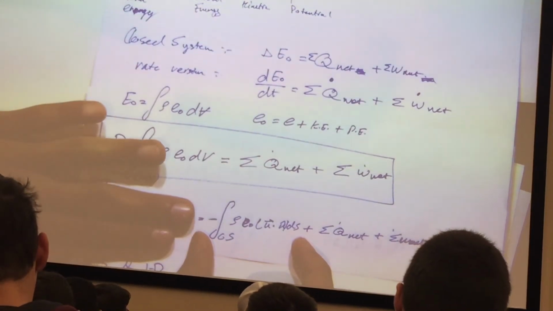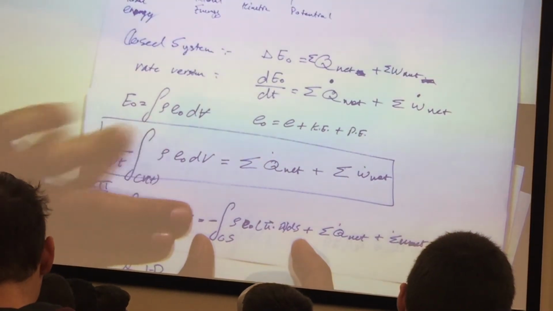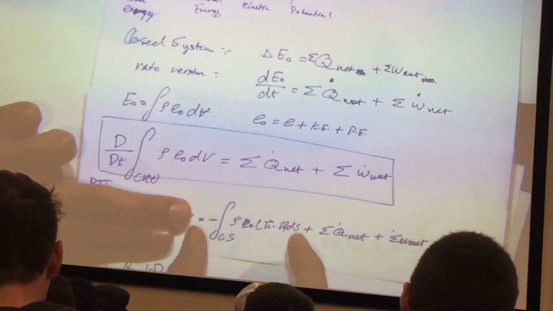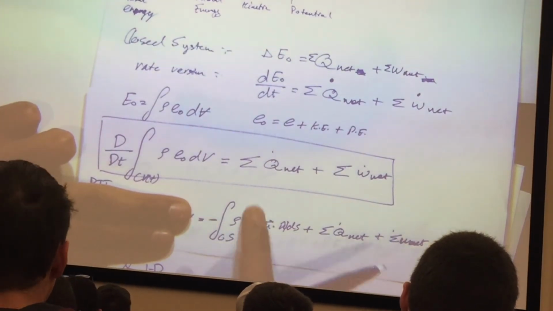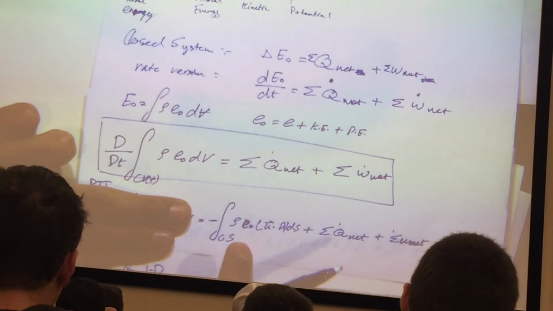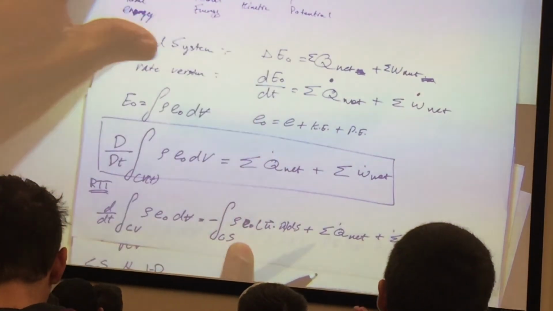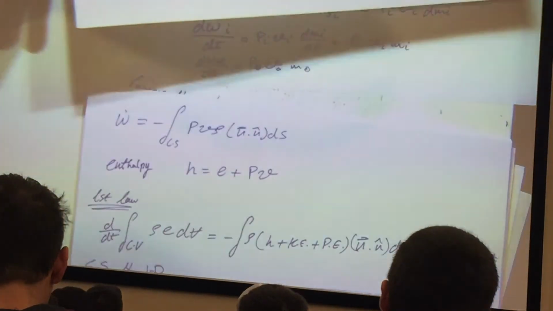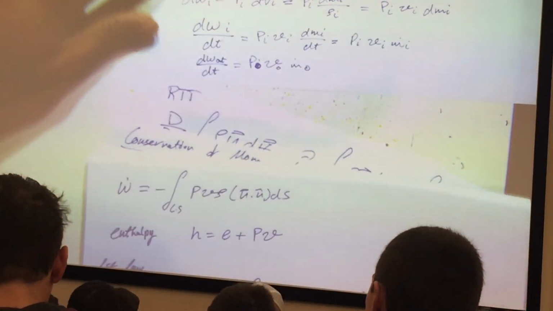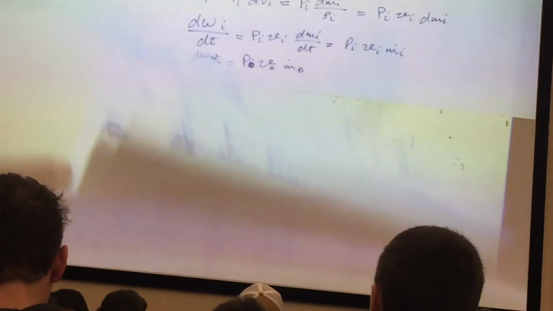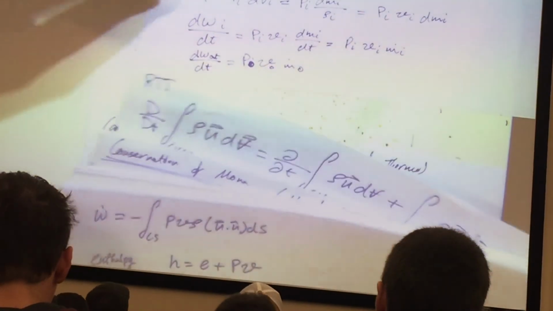The unsteady term, I don't want to deal with a lot of terms, so I'm going to take it as 0 for now. Look at what goes in versus what goes out, relative to the total energy. The total energy is internal energy plus kinetic energy plus potential energy. Now, we know that we're going to have enthalpy right here.